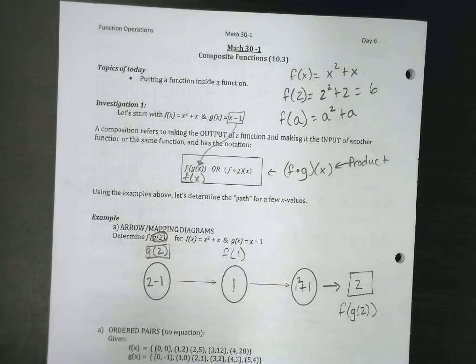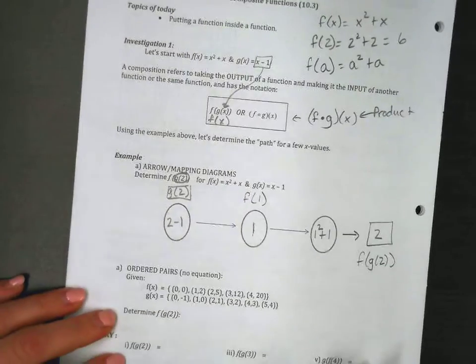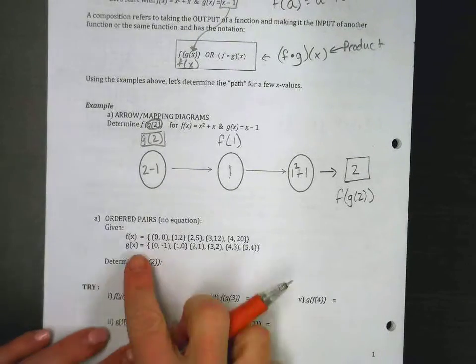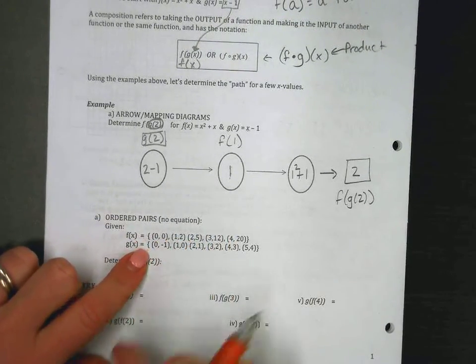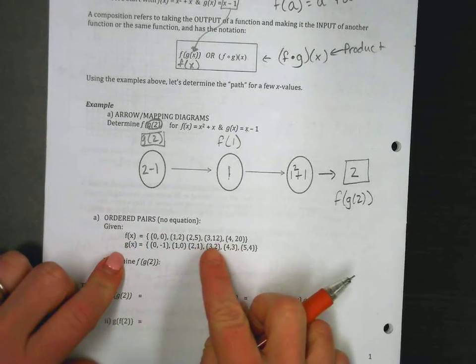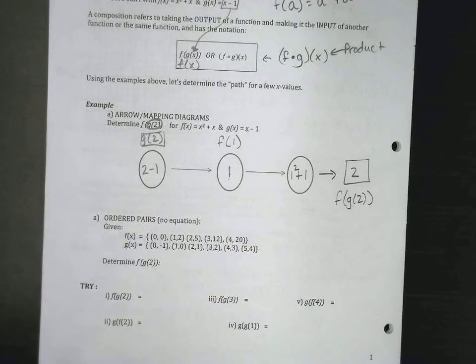Okay. What if we were to work with a set of ordered pairs? Given the function f of x has 5 ordered pairs, g of x has 6 ordered pairs.